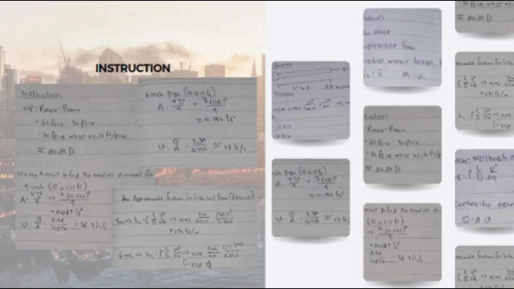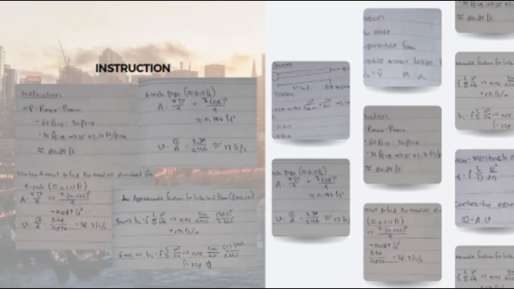After we get the A, we input this number to the V equation, which is V equal to Q per A, and get V is 38.3 feet per second. And the second guess is I use a 6-inch pipe, which is 0.5 feet. So we input it to the equation and get A is 0.196 feet squared, and V is 17 feet per second.